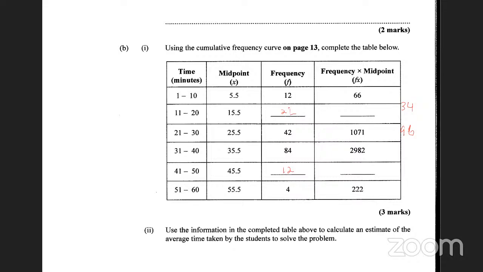Just checking it back, adding it all back up to make sure that we get 200. 12 plus 22 plus 42 plus 84 is 160... 176.